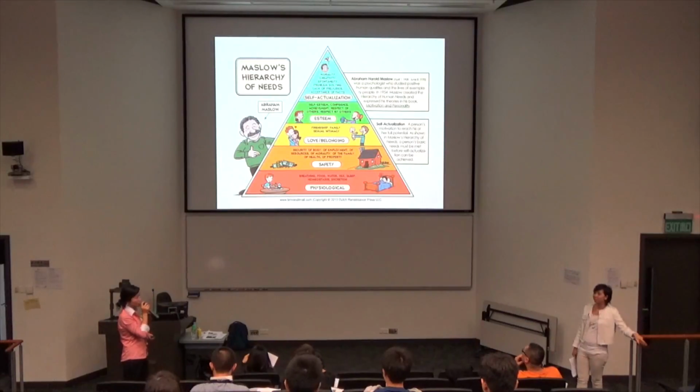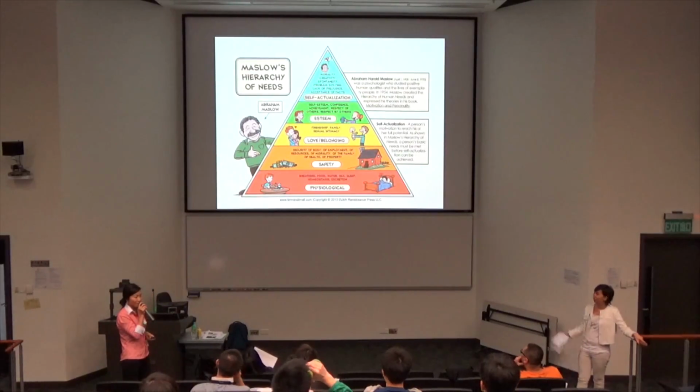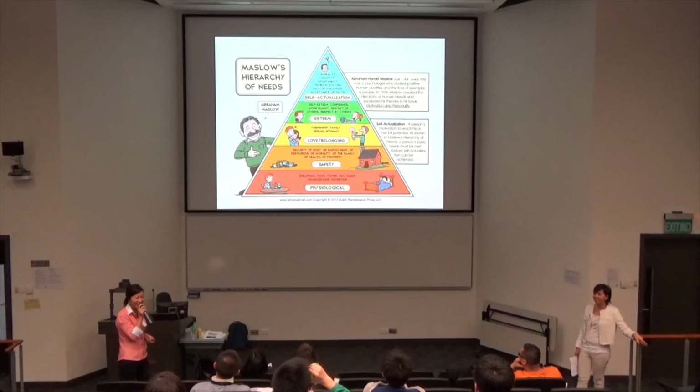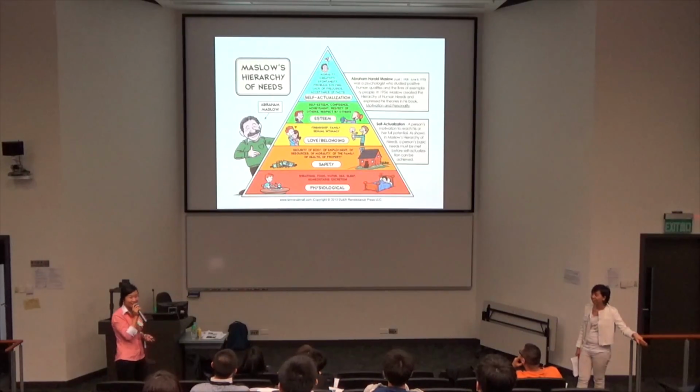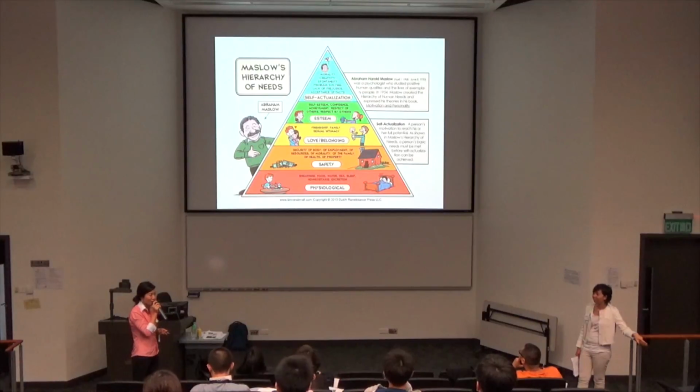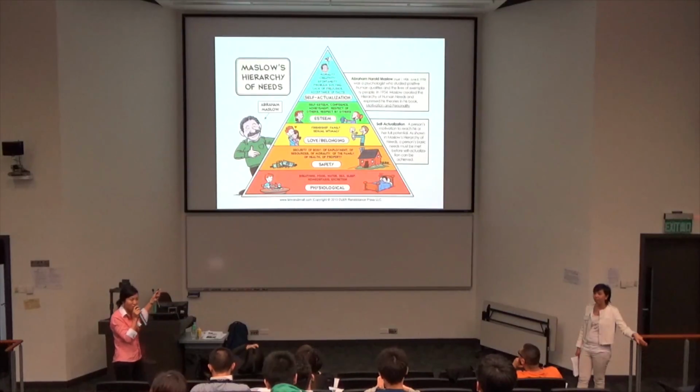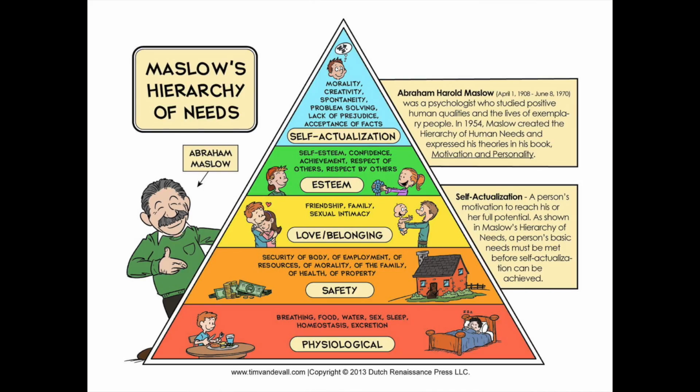Has anyone seen these pictures before? Nobody? Really? Did all of you already know this? It's Maslow's theory. It talks about the basic needs of a person. The first level is physical needs: you need shelter and food.